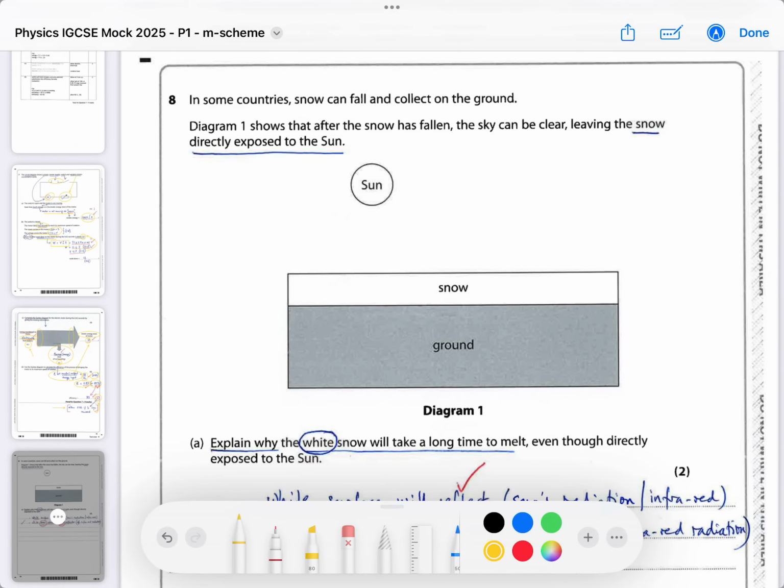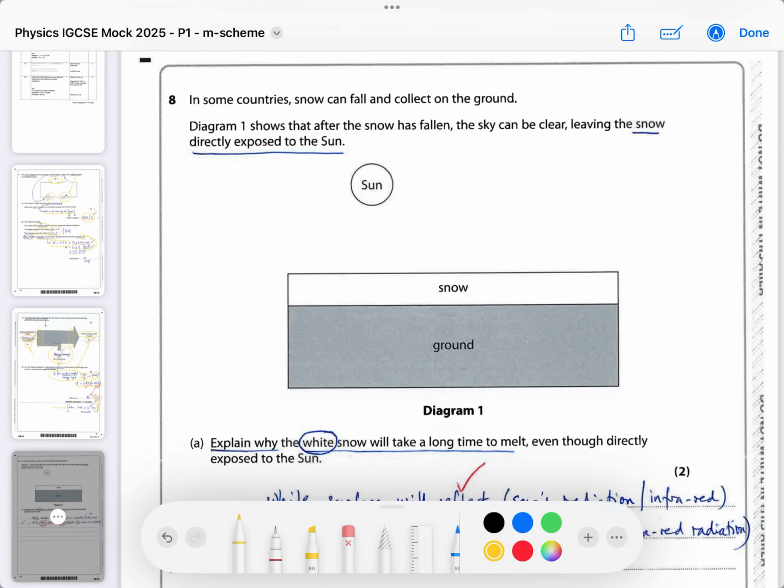So you've got to be very good at knowing which terms to use. That's why going through these exams with me and by interpreting the mark scheme to see what they give marks for and what they won't give marks for is the best way to revise. Okay, so question 8. It says, in some countries, snow can fall and collect on the ground.